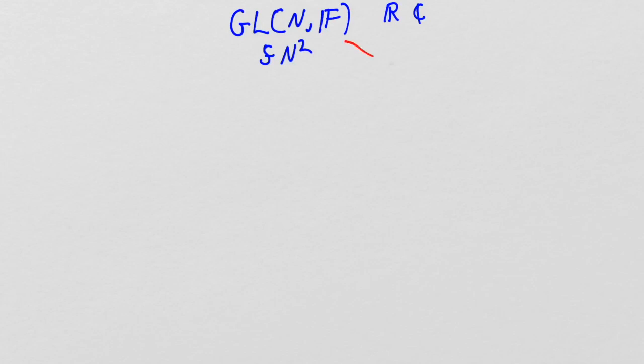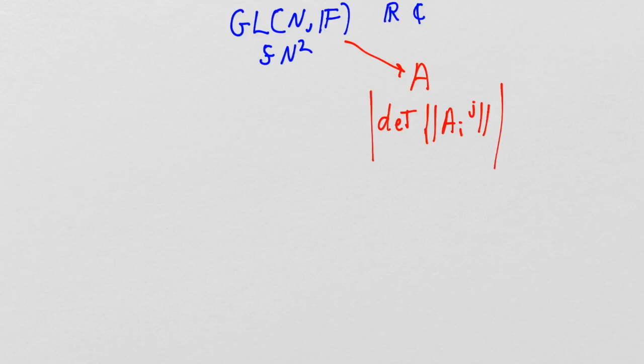All right, so now if you take an element, say A, of the general linear group, and you examine the determinant of the matrix A_ij, and you insist that the modulus of that determinant equals 1, then that is a restriction that means A is thereby an element of the special linear group of n dimensions over the field F. That was the definition of the volume preserving group.